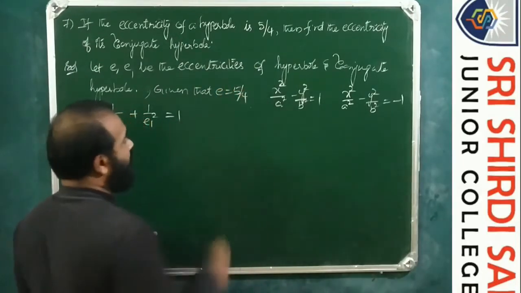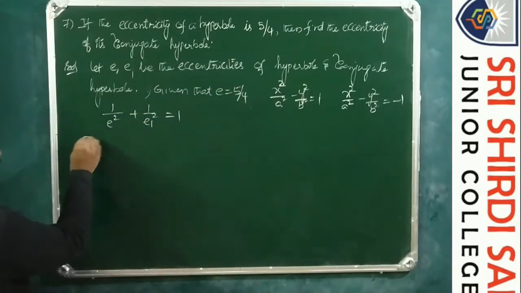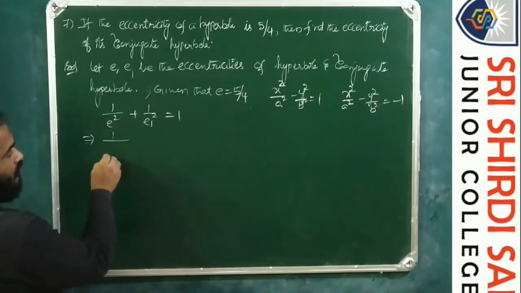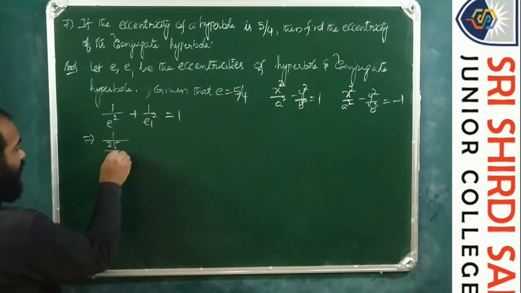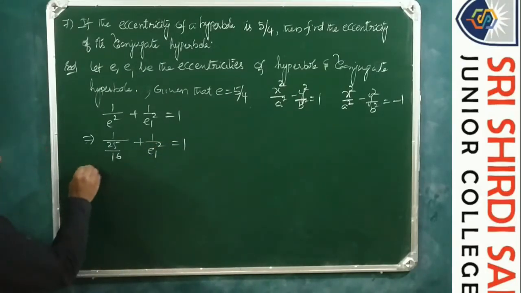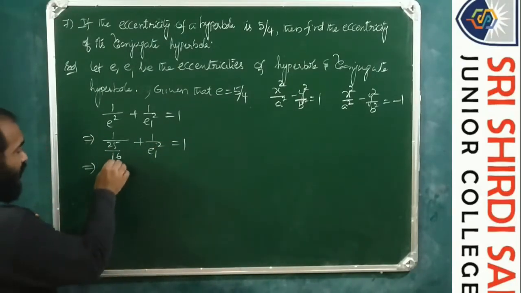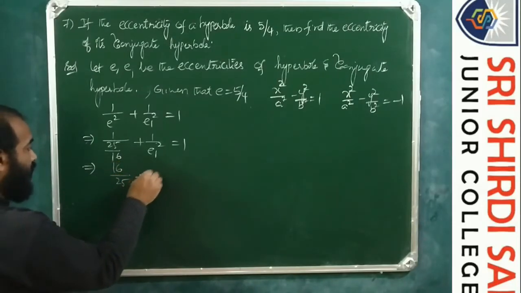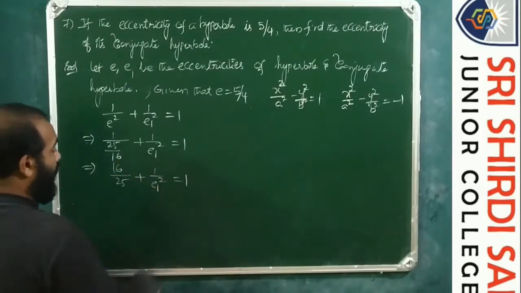So 1 by (5 by 4) whole square is 25 by 16, so 16 by 25 plus 1 by e1 square equals 1.